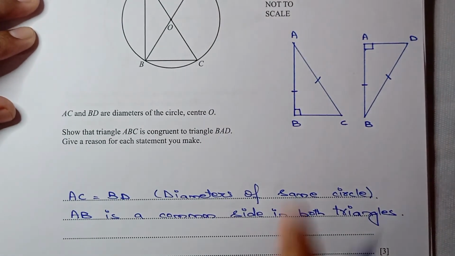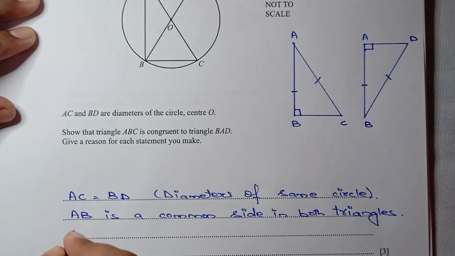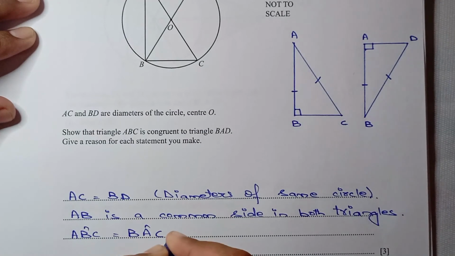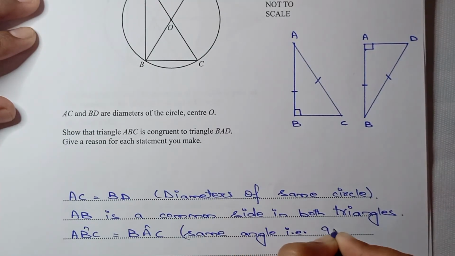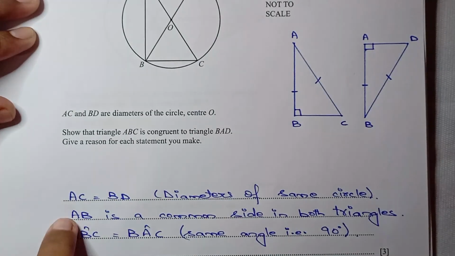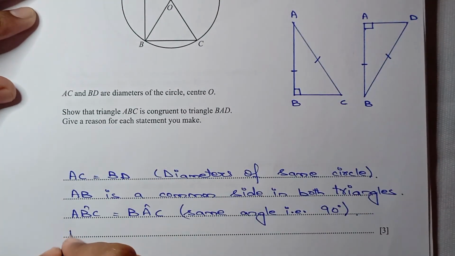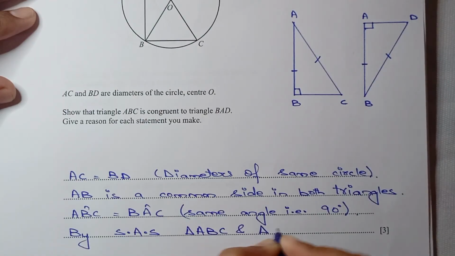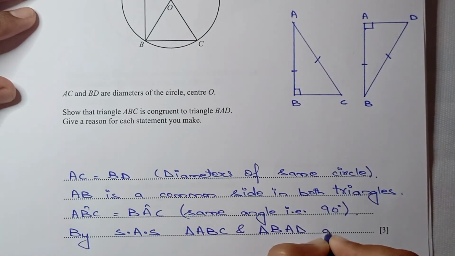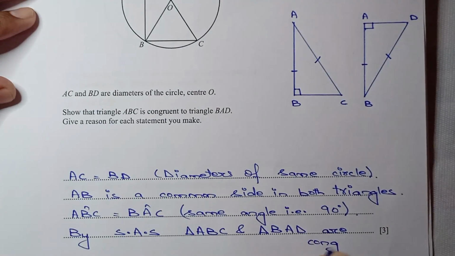So we can say that angle ABC equals angle BAD, the same angle, that is 90 degrees. So by the side, angle, side postulate, triangle ABC and triangle BAD are congruent.